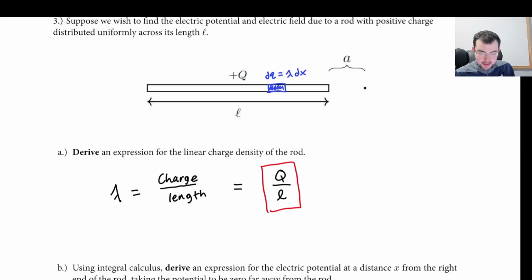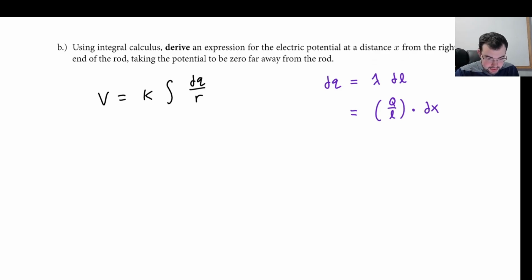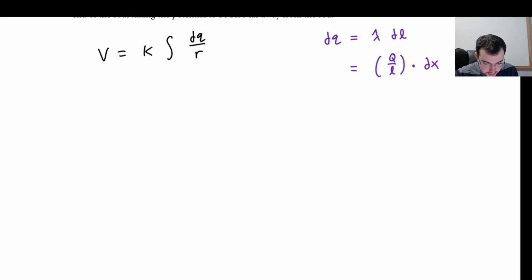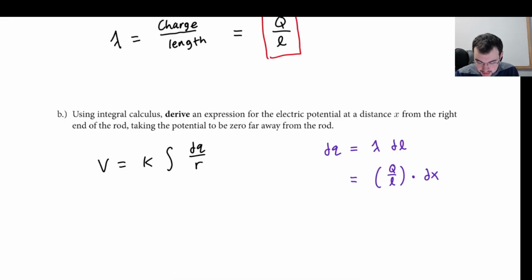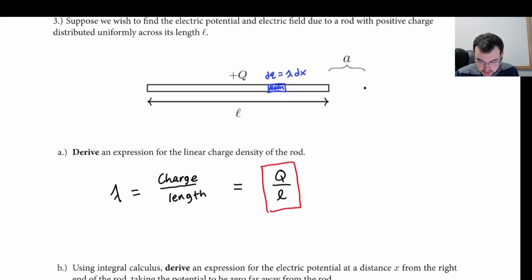I always think it's a good idea to label on your figure where that comes from. And now we'll look at the r values we range over. It might not be the best practice to rename variables with things you've already used, but I think it's fine, where we just call it x. We're given in this problem that the distance to the rod is x.